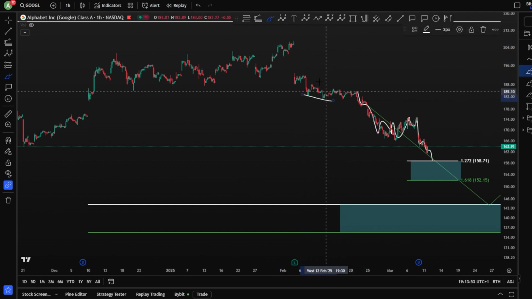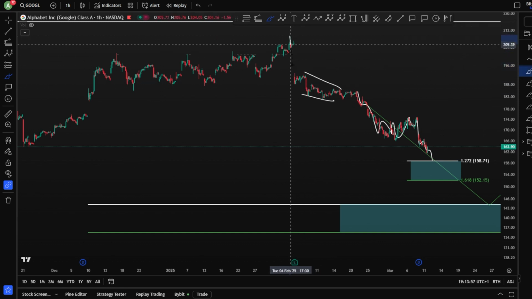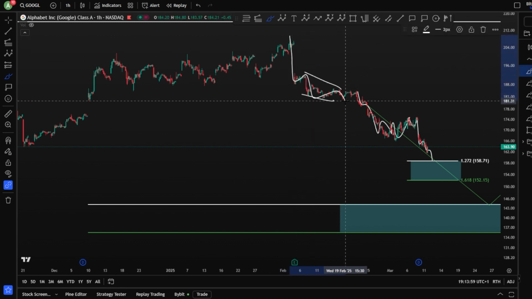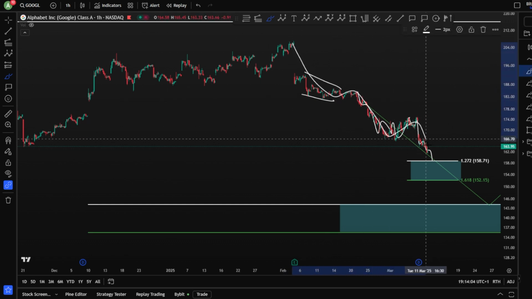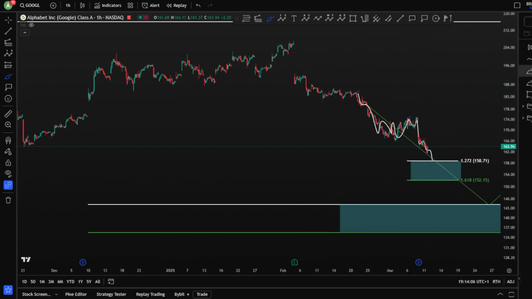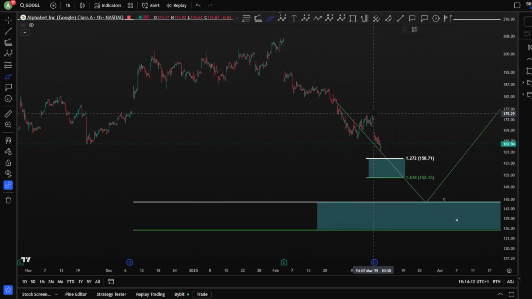You have somehow like this, 1 here, or it can be 1, 2, 3, 4, and a 5, a leading diagonal. Meaning 1, 2, 3, 4, and a 5, very nice finished impulse towards the downside. Did we finish this move towards lower prices?